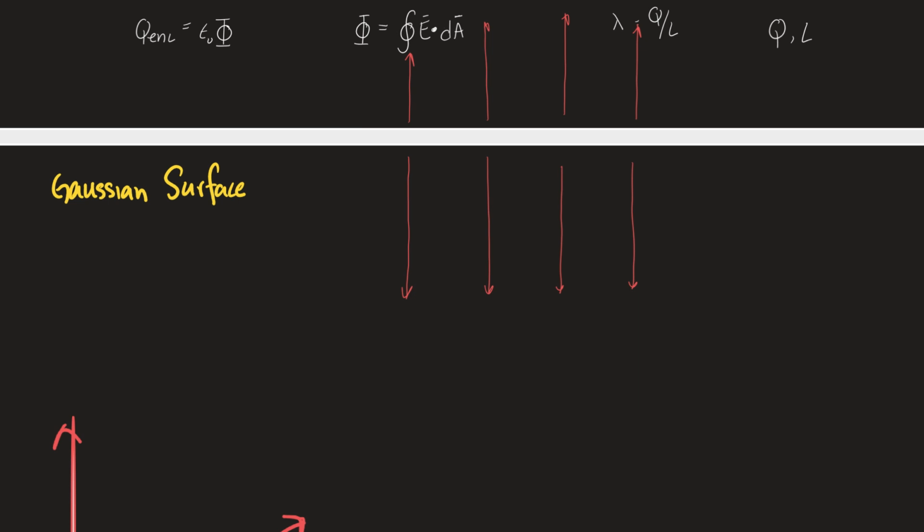That's our first goal, to find surfaces that either have a constant electric field on the surface or have no electric flux. That's what we want to create, that kind of surface. So yesterday we talked about the surface we would use here, and it was a cylinder. So a cylinder.